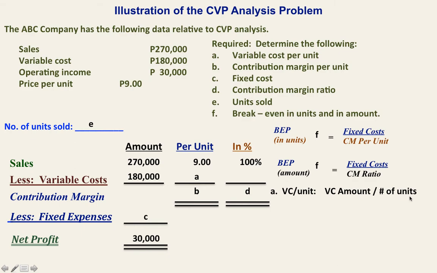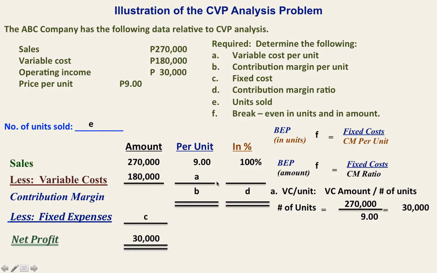But can we get the number of units? Yes, because sales and the selling price are given. So number of units is equivalent to 270,000 divided by 9, which will give you 30,000.